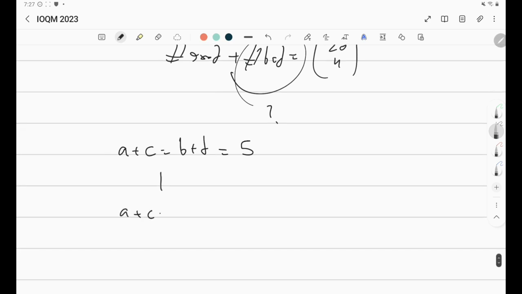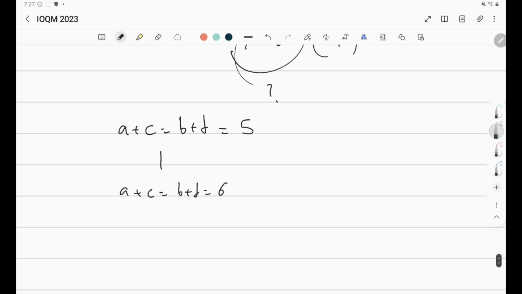If the sum equals 6, we can pair the numbers like 1, 5 and 2, 4. 3, 3 is not allowed. You will see that the even and odd cases always have the same answer. So 1, 5, 2, 4 is the only possibility, so it's also 1.